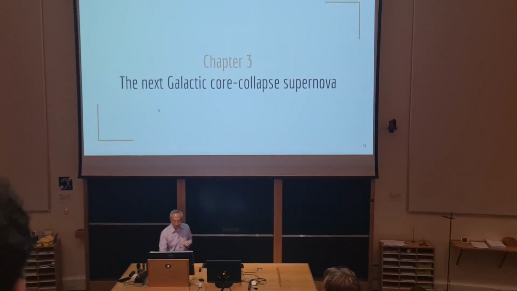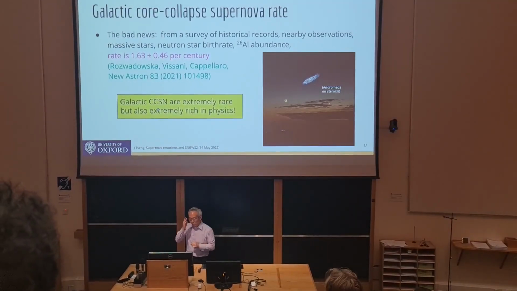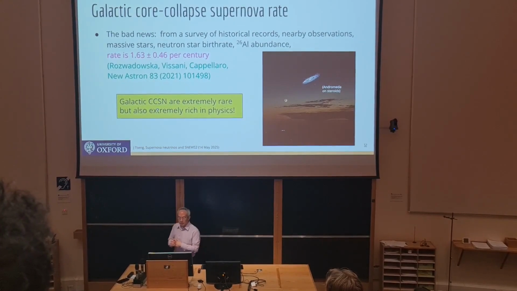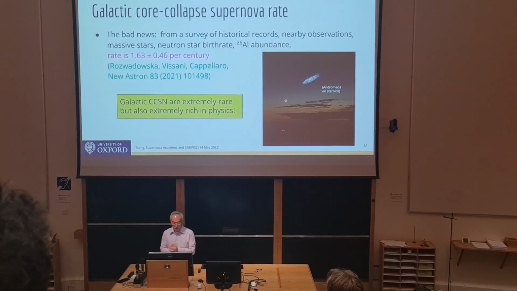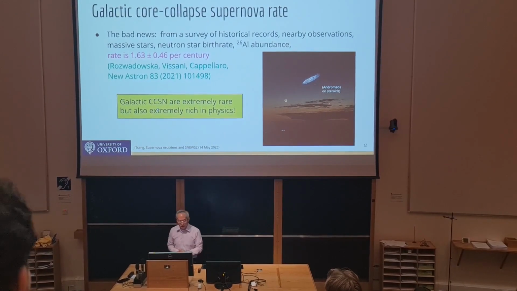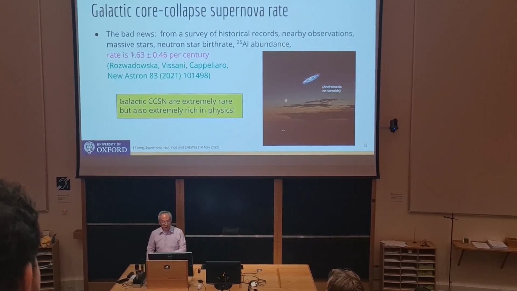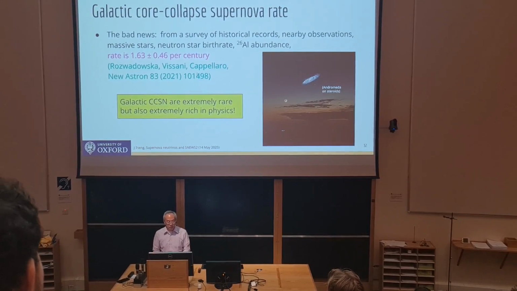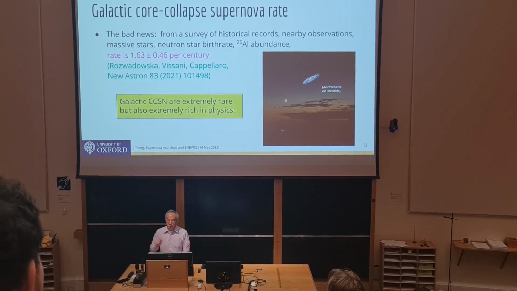Okay, so let's see. What happens with the next galactic core collapse supernova? The bad news is, from a survey of historical records and nearby observations, massive stars, neutron star birth rate, and other things like various isotopes of aluminum, people have calculated the rate of a core collapse supernova in the galaxy, and it comes out to 1.63 plus or minus 0.46 per century.